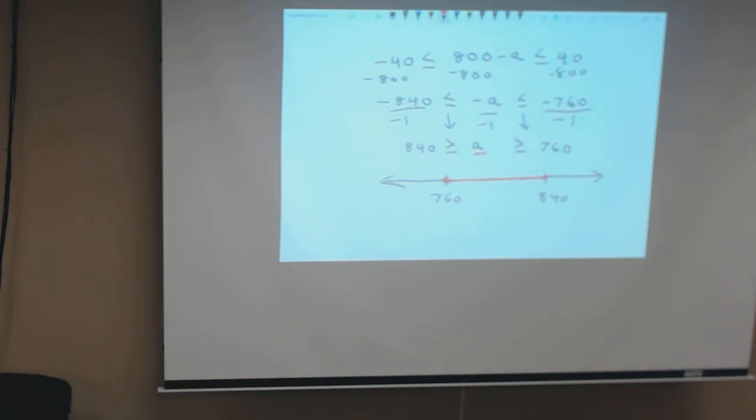How much money can it spend with an acceptable variance? So I can spend between $760 and $840 if my budget is $800. If I don't spend $760, next year they'll cut my budget. And if I spend more than $840, they'll reprimand me for going over budget.